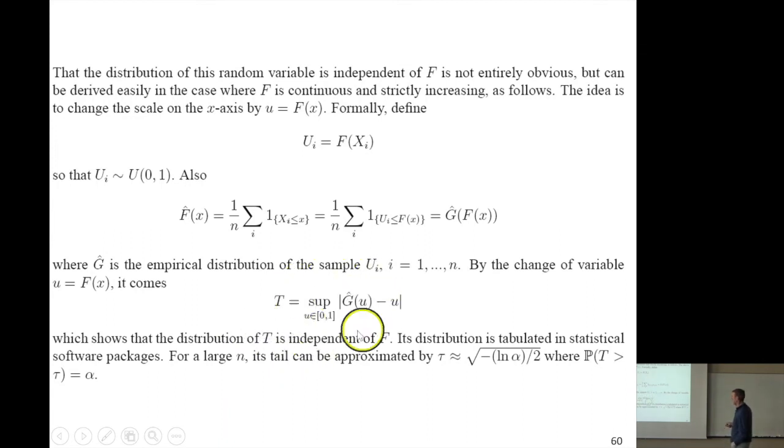So the uniform distribution can be used for obtaining the final distribution. We know some asymptotics, if we're interested. When n is large, we know the asymptotic of this distribution here. For every n, there is a different distribution, like for chi-square.